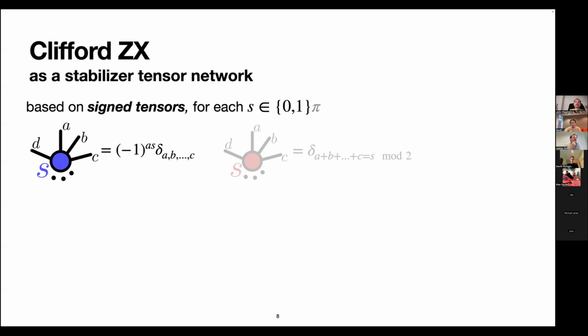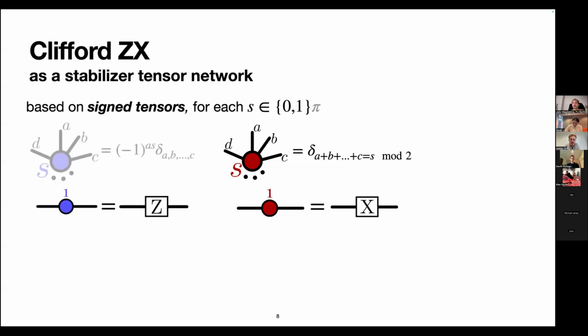as a matrix. And then we keep track of this classical label S, which you can think of as a pi phase in the ZX calculus, that attaches a sign of -1 if this value is 1 or not. Similarly, there is a kind of dual tensor to that, which is 0 whenever the parity is even or odd on the associated basis configuration.